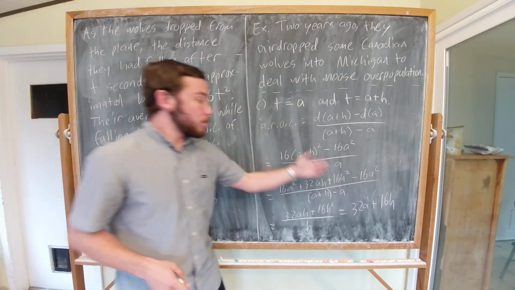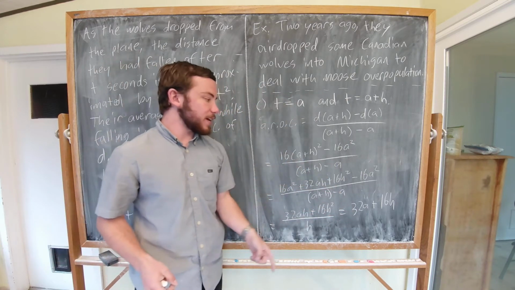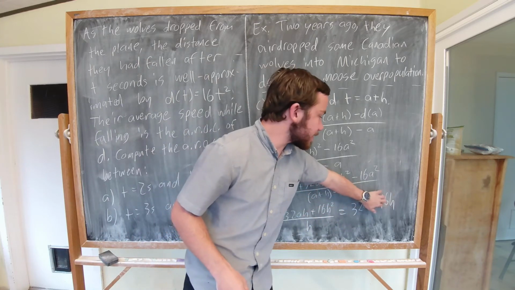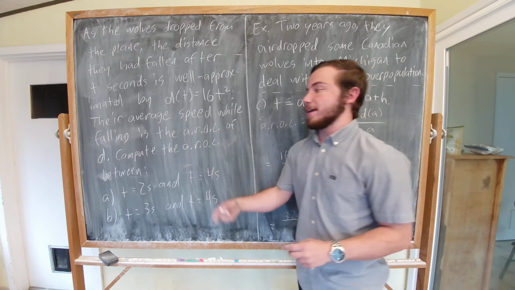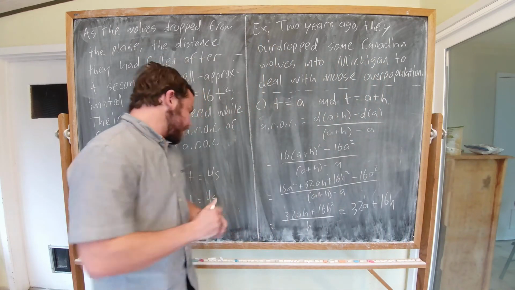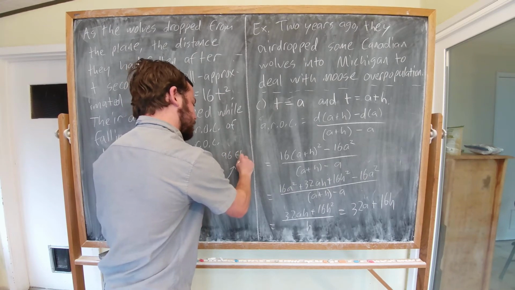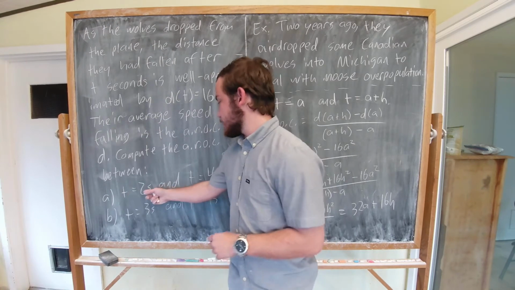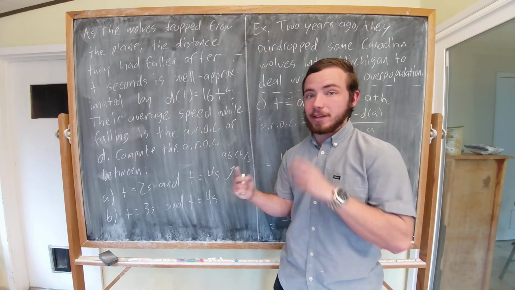And here, what we've computed is now, between a and a plus h, the actual average rate of change will be 32a plus 16h. So if we check that with our result from part A, it was supposed to be 96 feet per second. Here, a would be 2, and h would also be 2, since 4 minus 2 is 2.